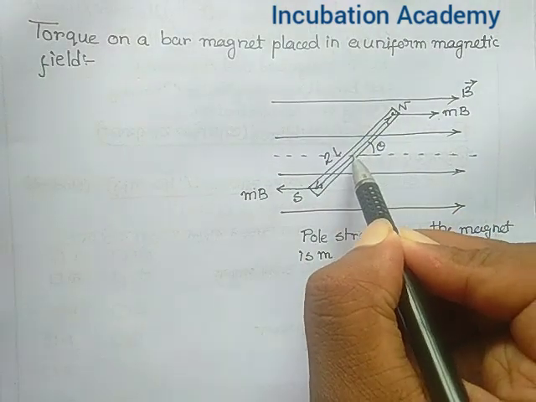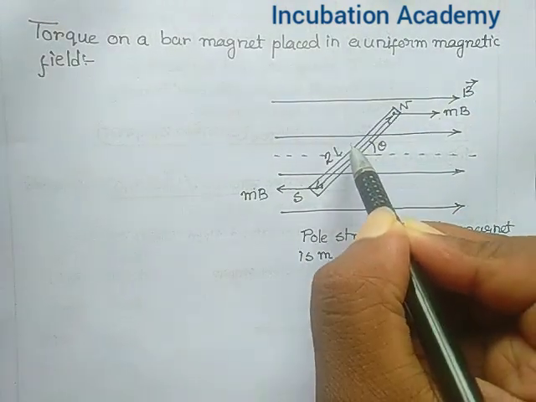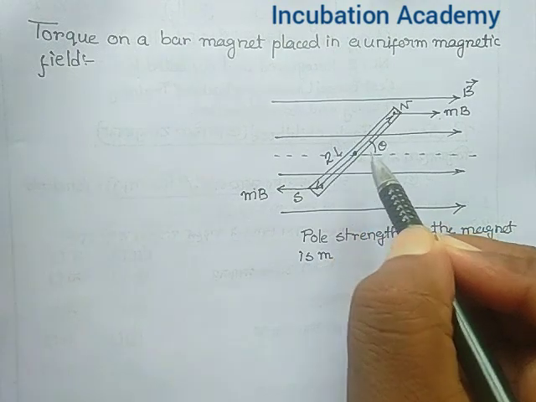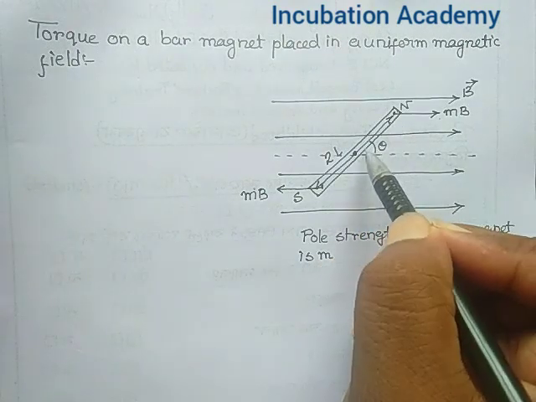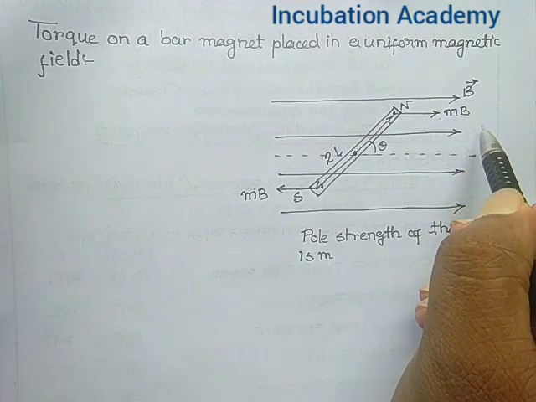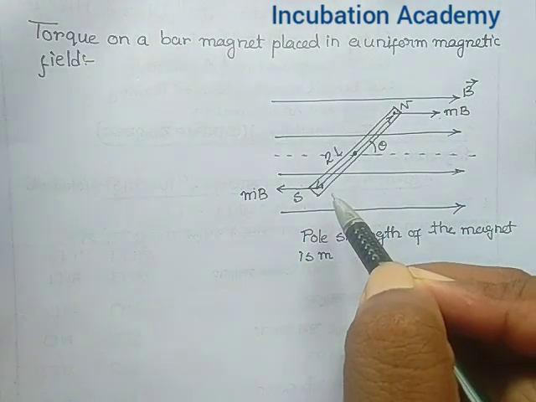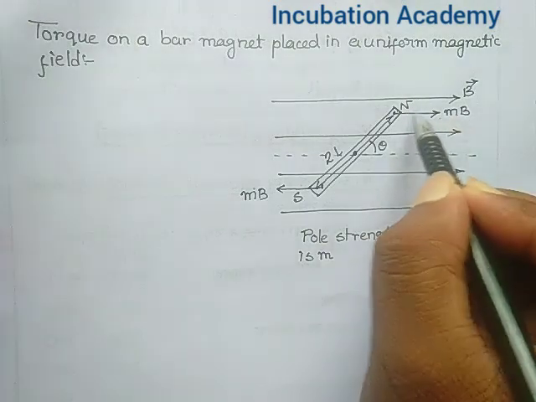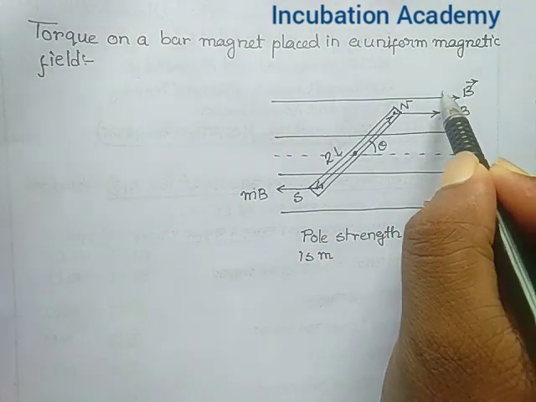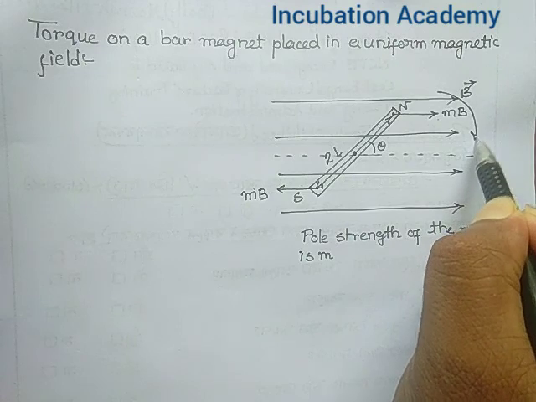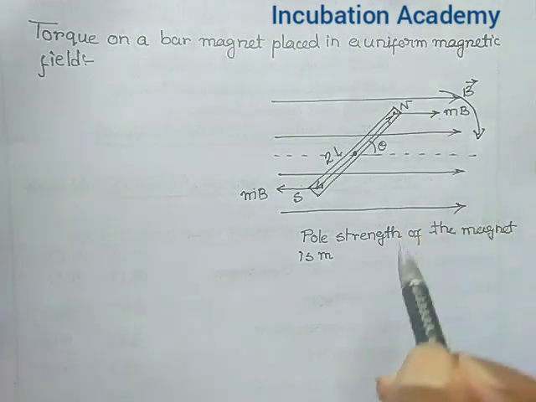If I consider this is O, the neutral point of the magnet, then with respect to it, each force also creates a moment of force. The moment of force in that direction will be along this, that is, clockwise.